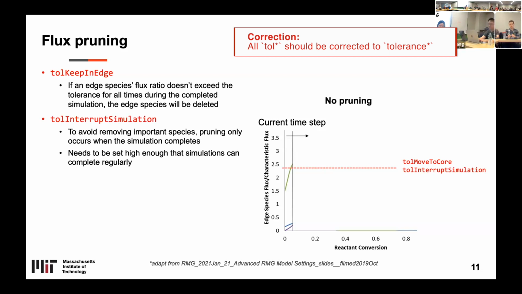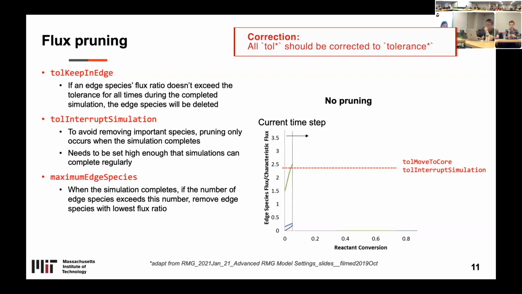So you have to move that tolerance up. A third parameter that's relevant is maximum edge species. So if flux pruning is running, and if it can simulate the whole time span, it will do two things.